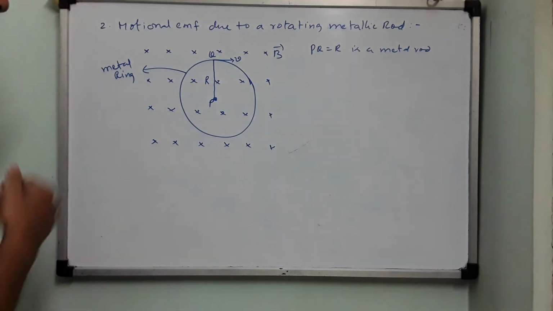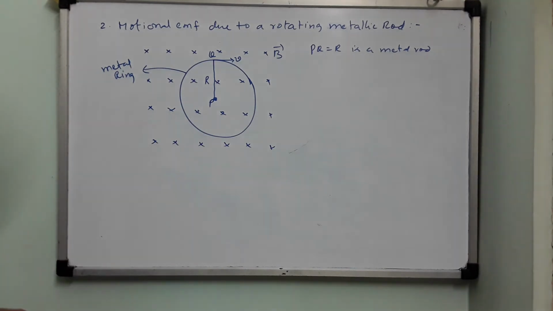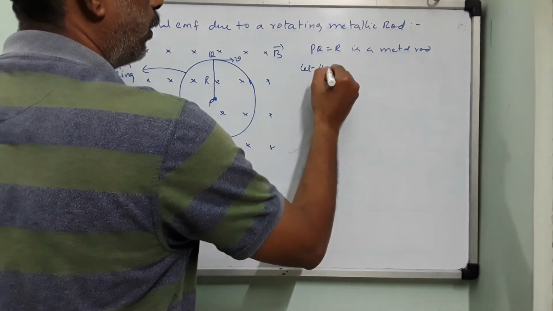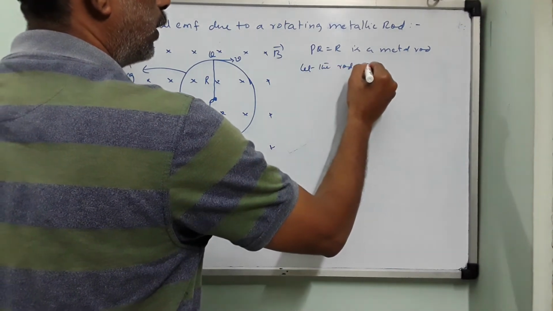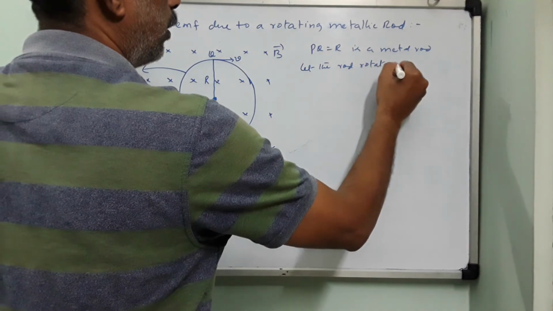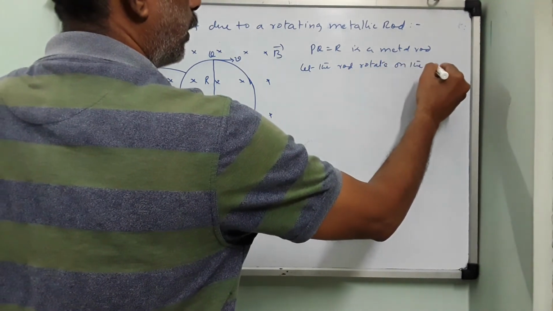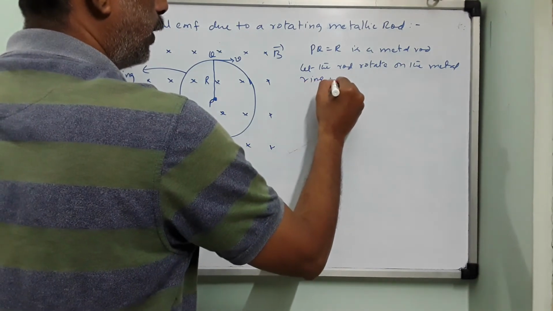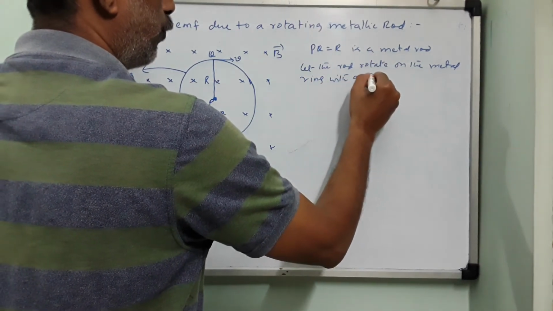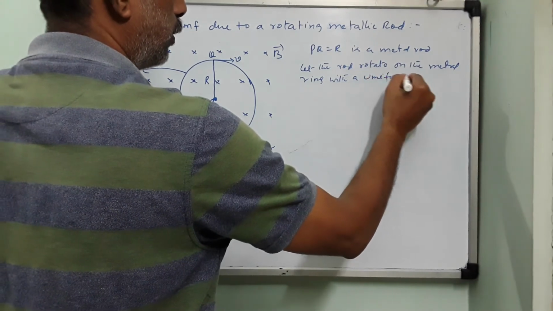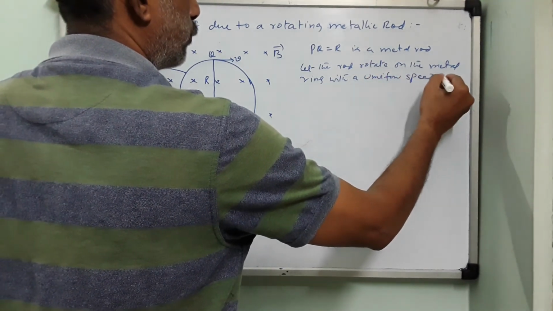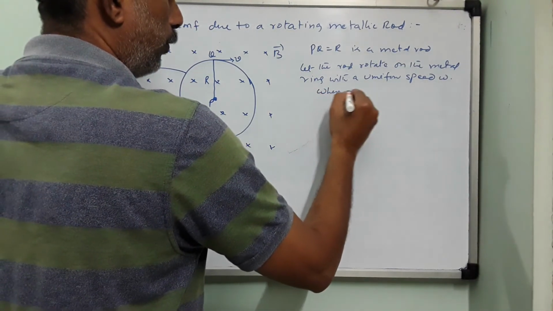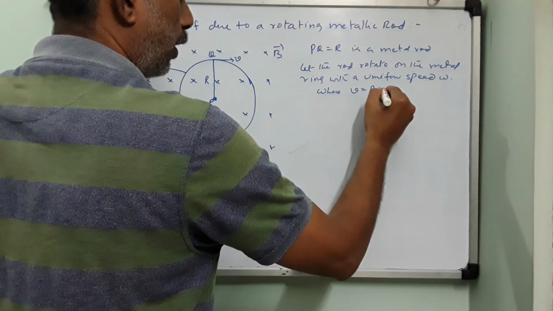Okay, right. Now let the rod rotate on the metal ring with a uniform angular speed omega, where you have V equals R omega.